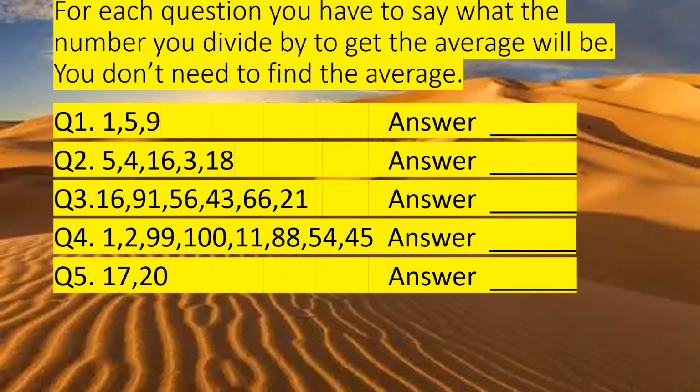So now we have some quick questions for you. For each question, you have to say what the number you divide by to get the average will be. You don't need to find the average, just what the number on the bottom that you divide by will be. So question 1, you have 1, 5, 9. Question 2, 5, 4, 16, 3, 18.